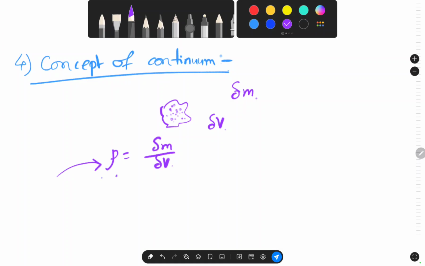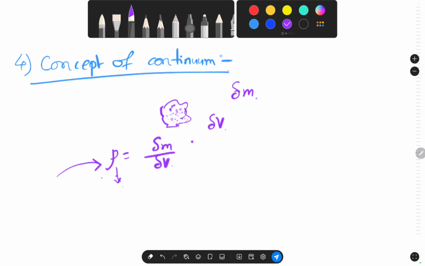This volume is very small, and if the volume becomes very small, then the number of molecules occupied in the volume also will become less. So in that case, the density may depend on the number of molecules present in this fixed volume.